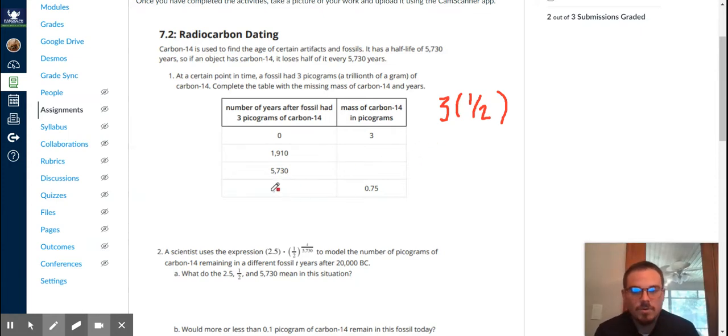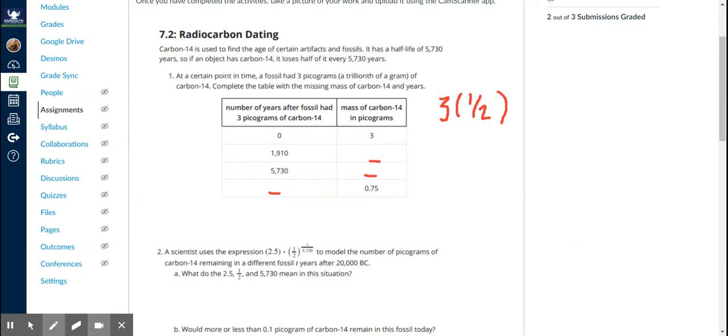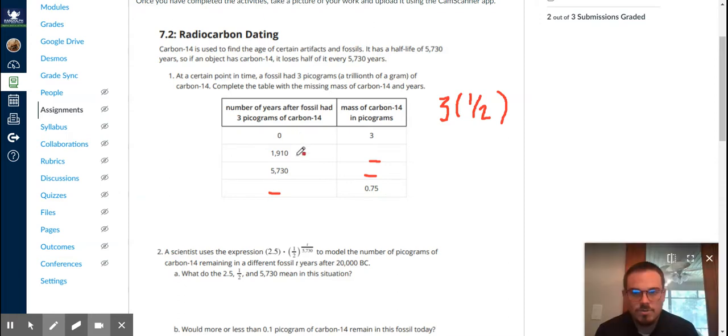So essentially, how are we going to get to the next one? Well, we don't know how long this is. We want to fill this part in, and this part, and this part. If we start with x, which is the number of years after a fossil has 3 picograms of carbon-14, don't we go from 0 to 19,010 by adding 1,910?